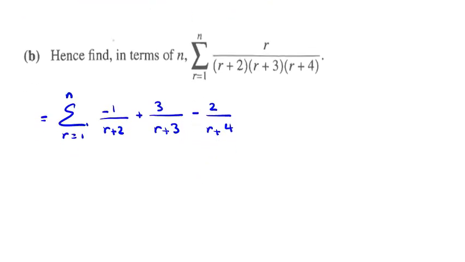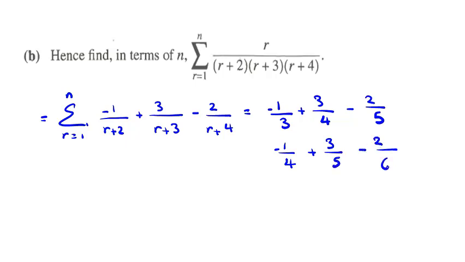And we have these terms. For the first one, it will be negative 1 over 3 plus 3 over 4, negative 2 over 5. Then replace r with 2: negative 1 over 4 plus 3 over 5, negative 2 over 6. Next one: negative 1 over 5 plus 3 over 6 minus 2 over 7.